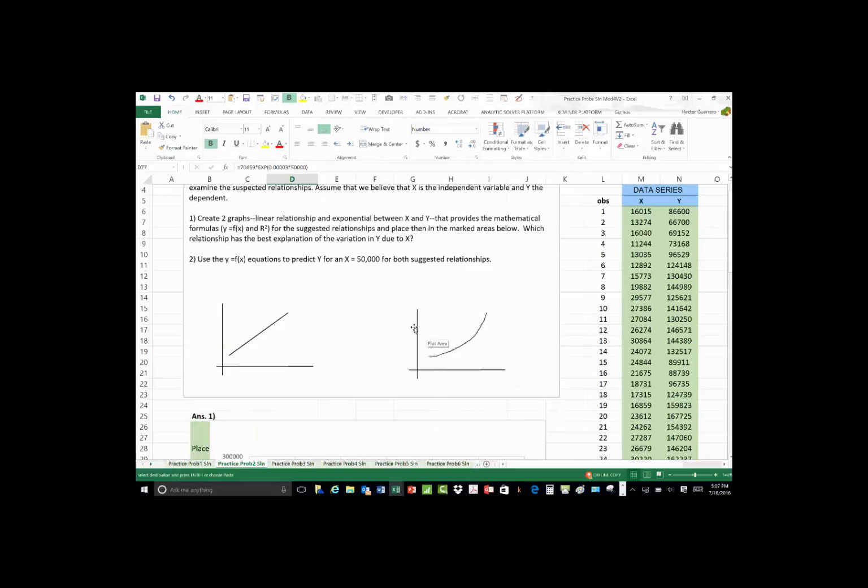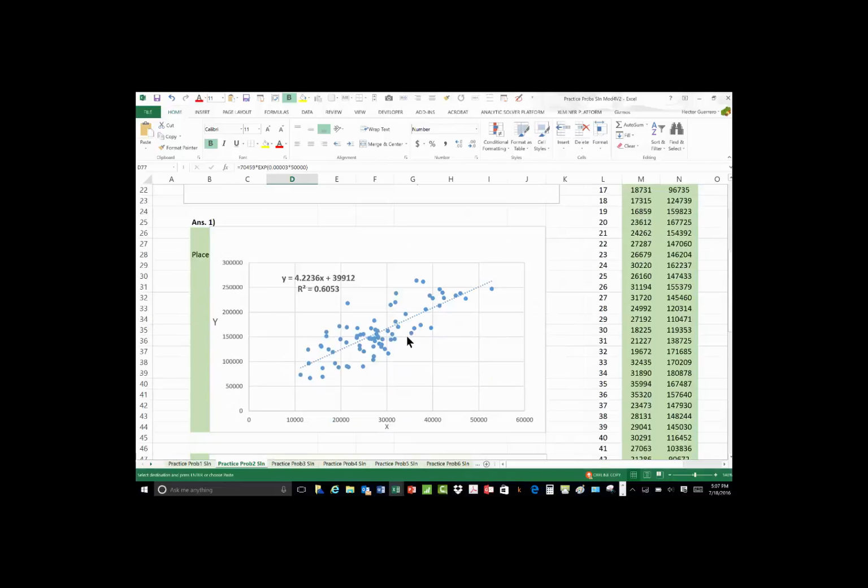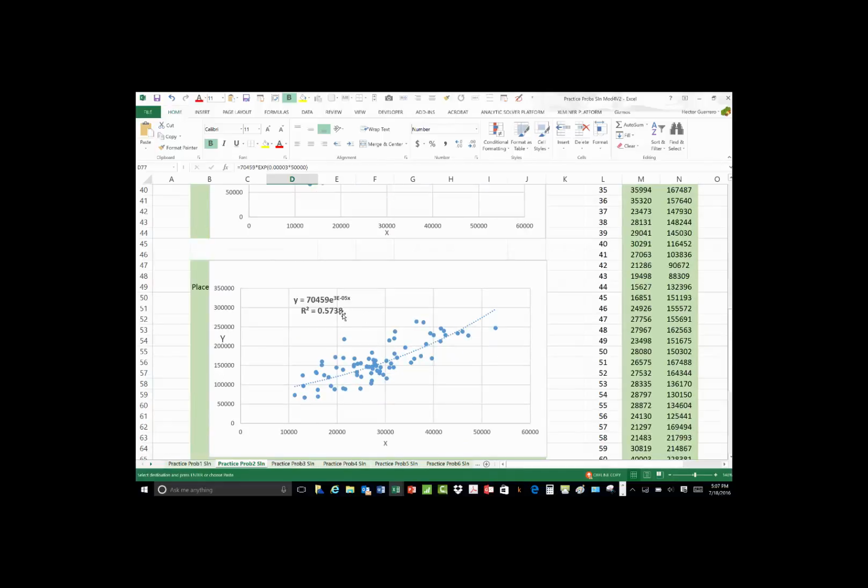The first thing we ask is, given this relationship, how well does the independent variable explain the variation in the dependent variable. Here is r squared of 0.6053. That means that 60% of the movement in y is explained by x. In this particular case, 57.38% of the movement in y is explained by x.